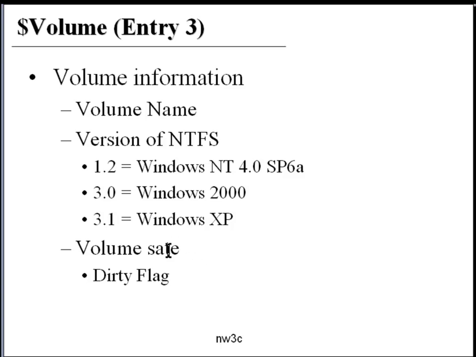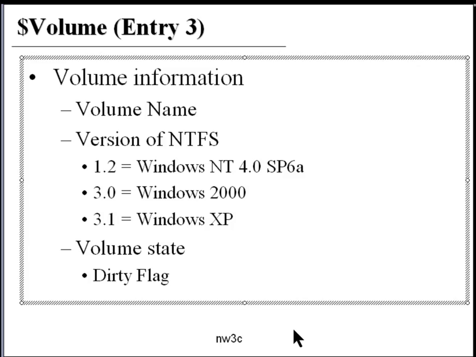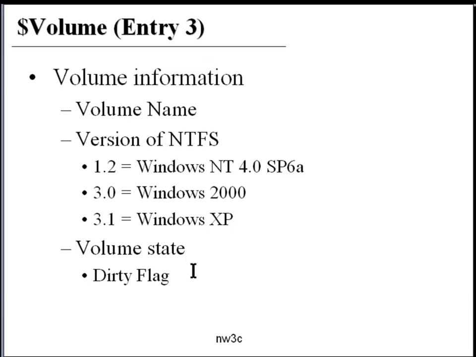And so the volume holds the volume state, and essentially what that is, if you recall from our discussions on the FAT file table, it holds a dirty flag. So when the system boots within the volume file, the volume state is indicated by a dirty flag, which means that files are being opened.